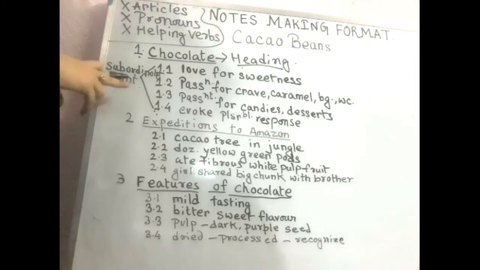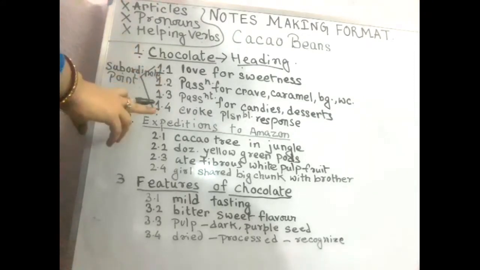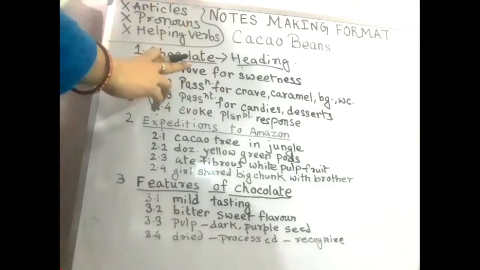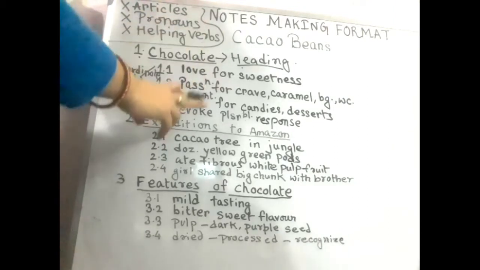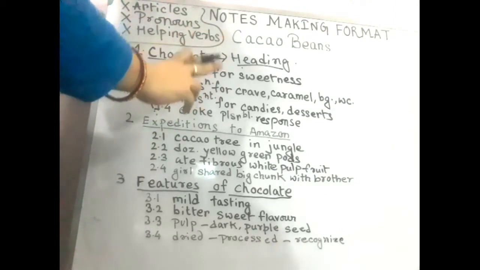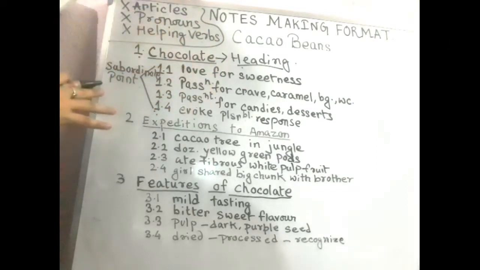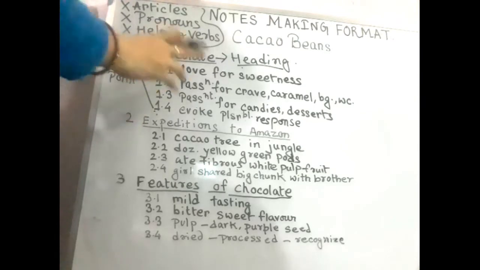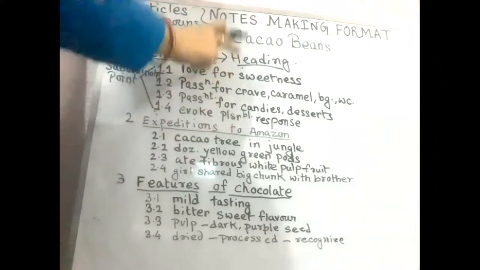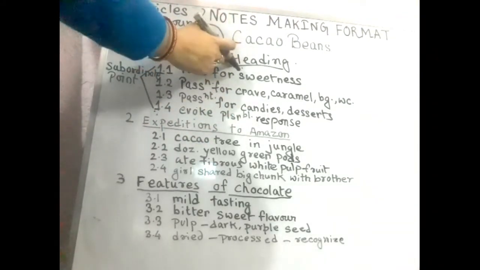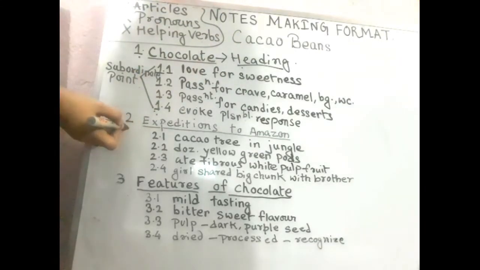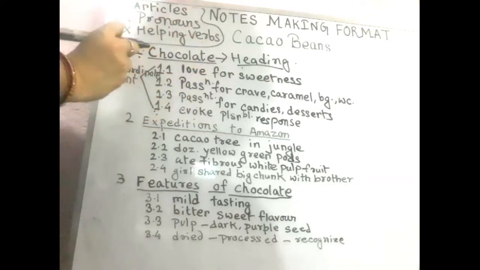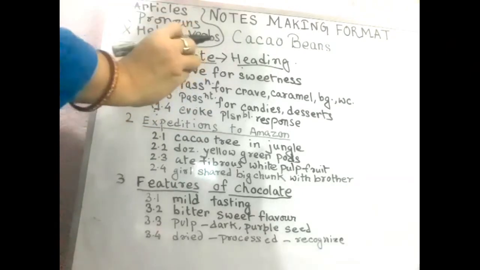So after that, see, here the subordinate points are placed under the heading and indented. That is, the lines are stated farther into the page than the line for the heading. This shows that they are dependent on the main topic. Means all these points are related to this topic. So similarly, after going through the second paragraph, you have to pick out a suitable heading for that particular paragraph.